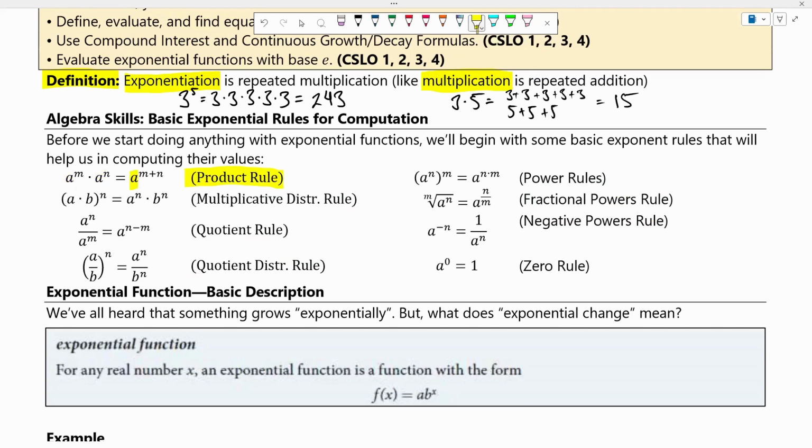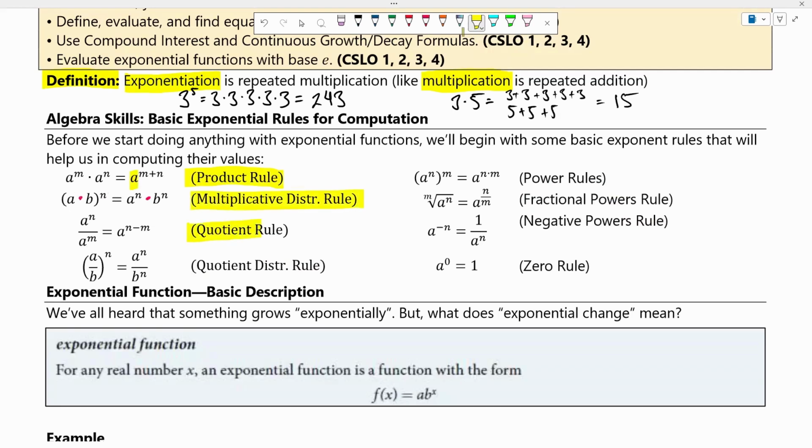This gives us this rule right here, the multiplicative distribution rule for exponents. Basically saying that if I had an exponent, I can give it to both of these separately and then put the multiplication in between. Okay, that is the multiplicative distribution rule.